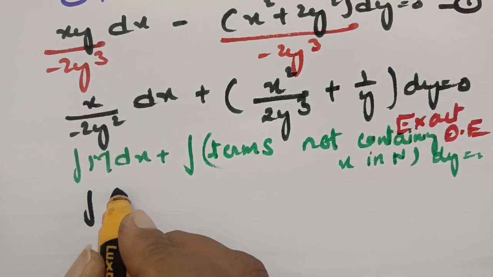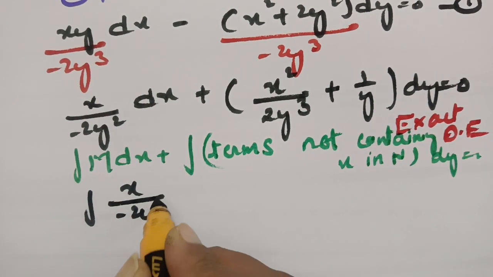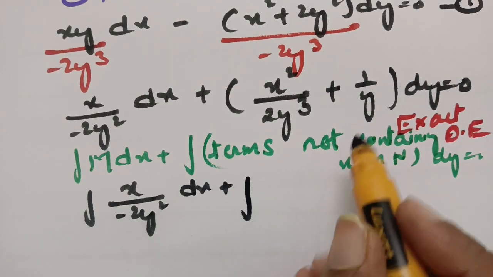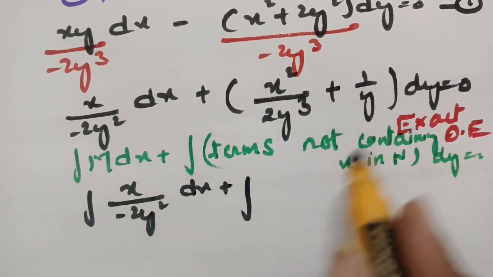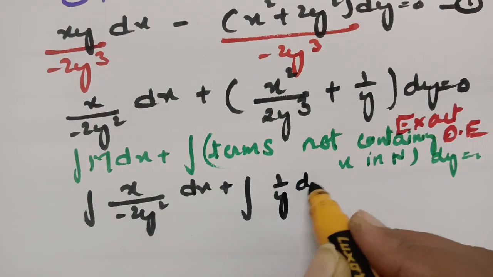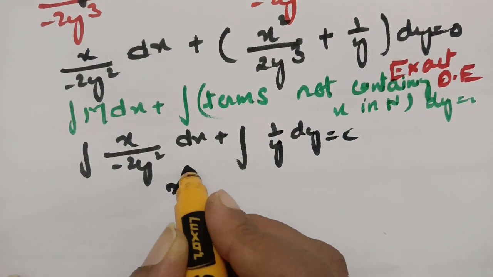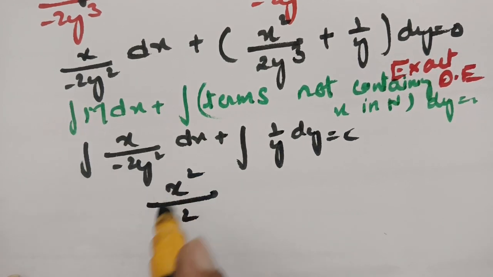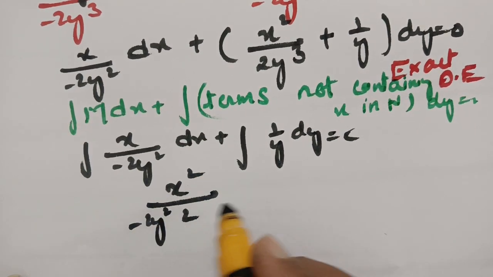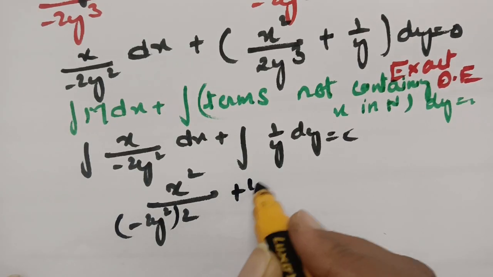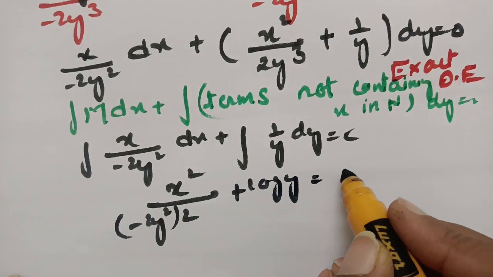M is nothing but x by minus 2y square dx. In N, there is one term, that is 1 by y, which is not containing x. So for x, the integration here is x square by 2. This minus 2y square will be like that, and this is log y, which is equal to c.